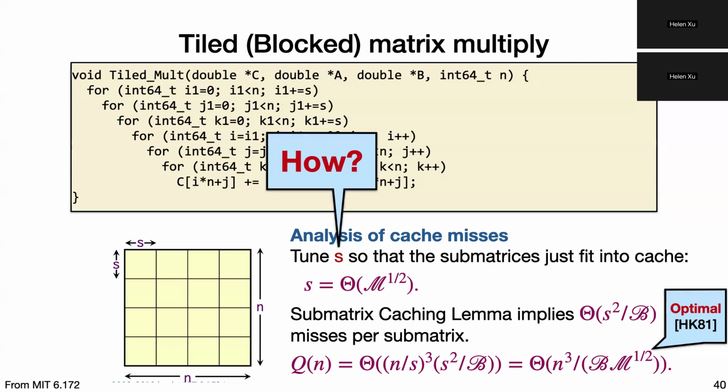But something that I didn't really mention is how do you choose S? It is important that we chose S correctly, because if you choose it wrong, like say you choose S equal to M, this is not going to help you to do these blocks. We just achieve the same thing that we did before.